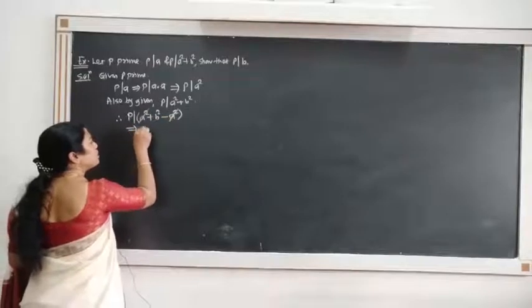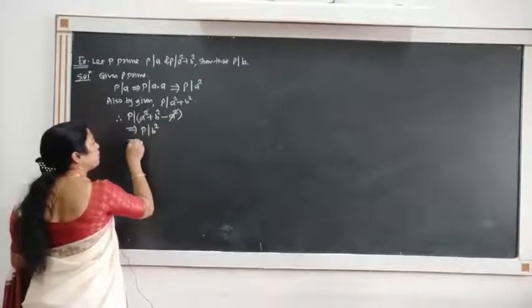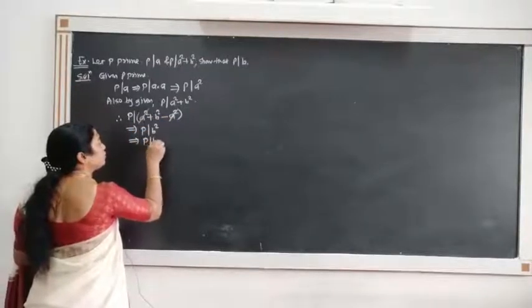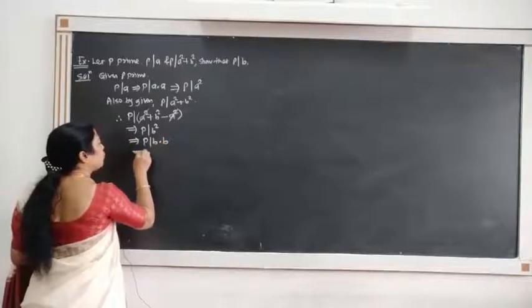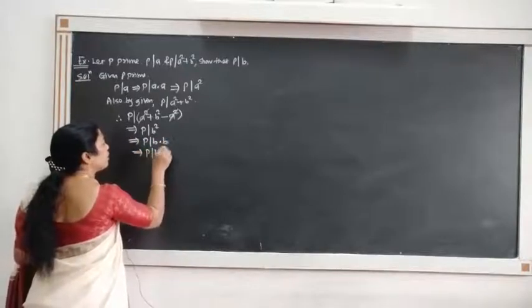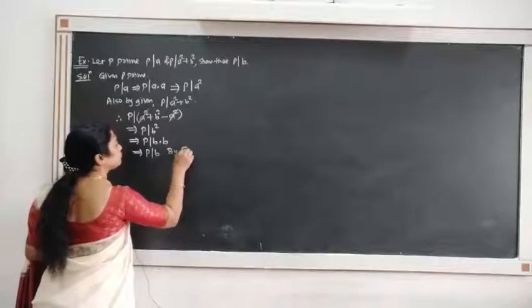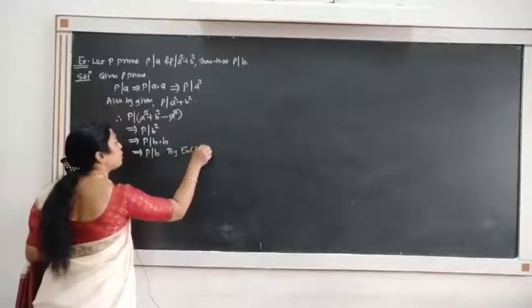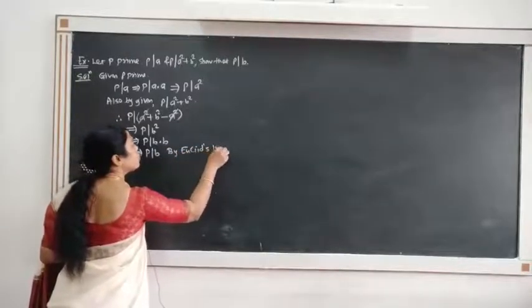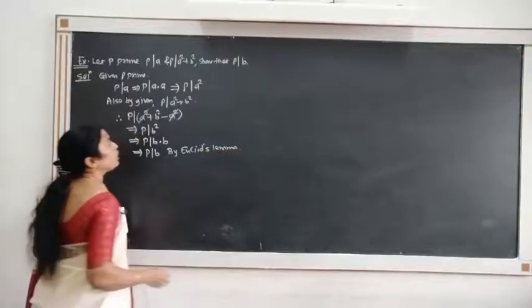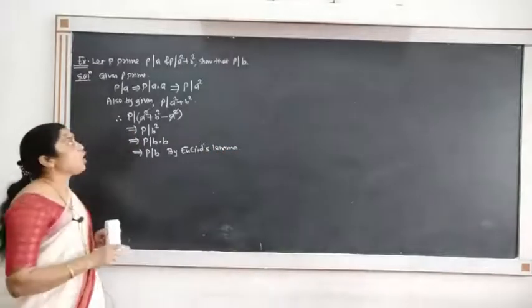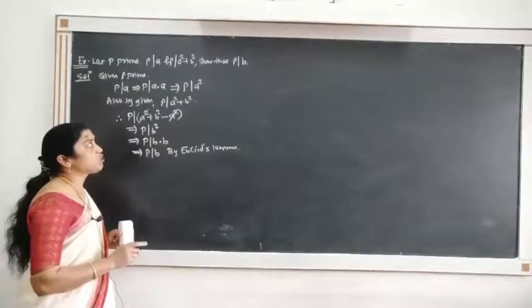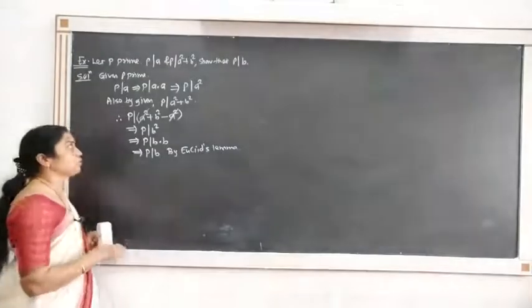And therefore P divides B square, that is P divides B into B, and therefore by Euclid's lemma P divides B. If P divides the product, it divides at least one of them. So if P divides A and P divides A square plus B square, it obviously divides B.